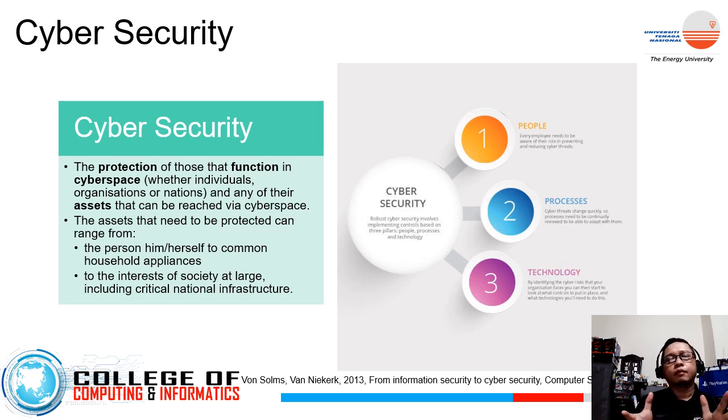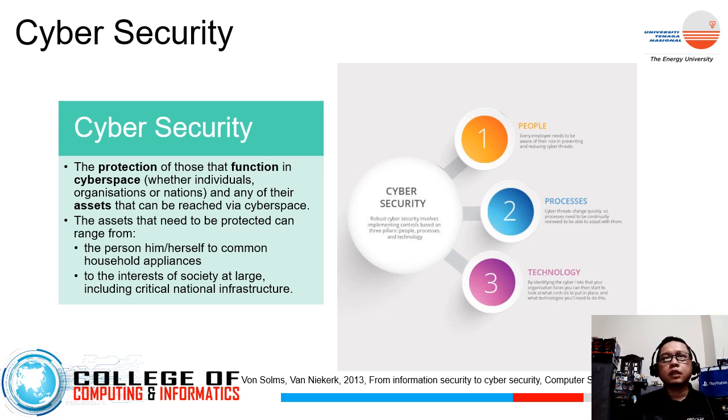Now, remember, cybersecurity is very large and it is not actually physical security. So usually people confuse physical security and cybersecurity. This is particularly true in your final year project, for example. Some students find it hard to differentiate between physical security and cybersecurity.